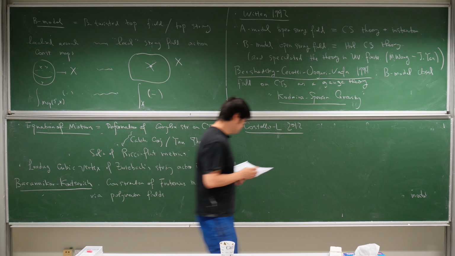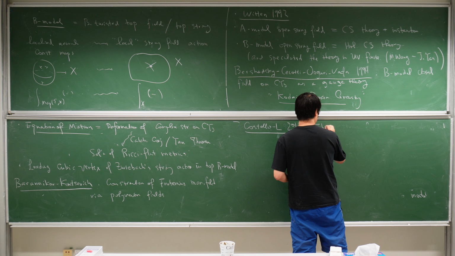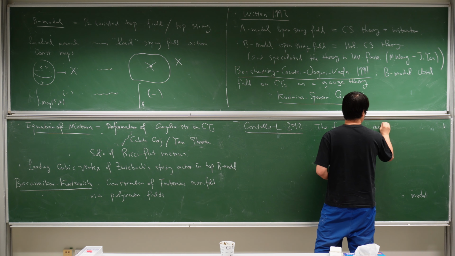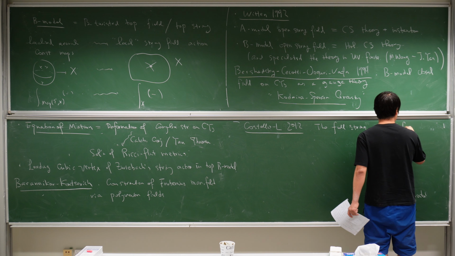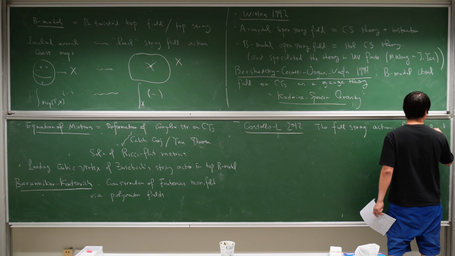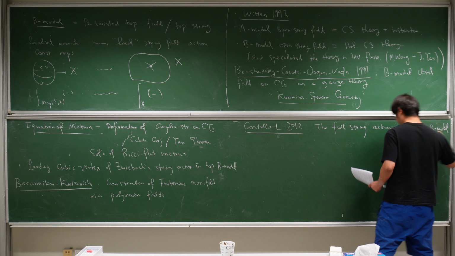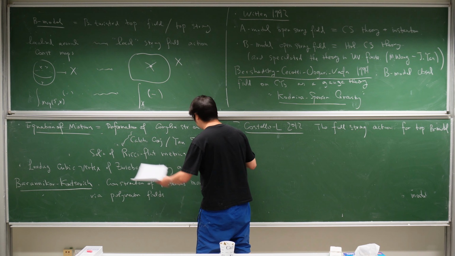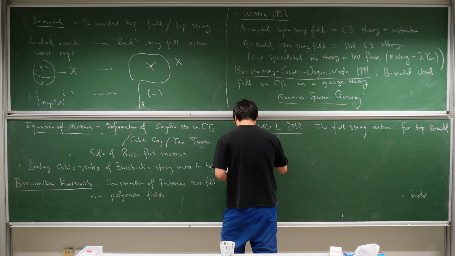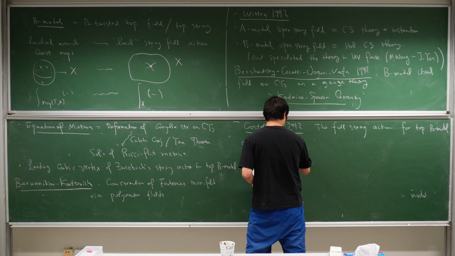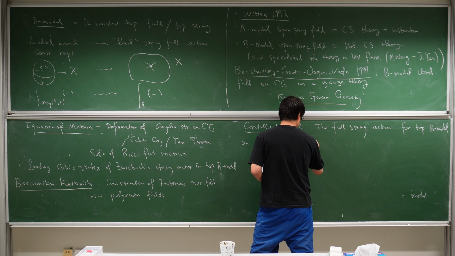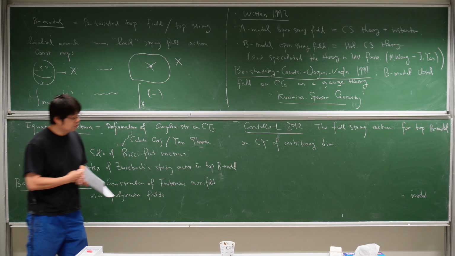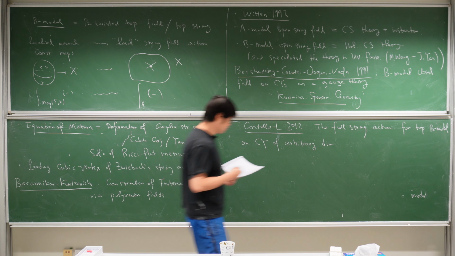And we find the full string action for the topological B model on Calabi-Yau of any dimension, not only Calabi-Yau threefold, which also satisfies the full BV master equation.